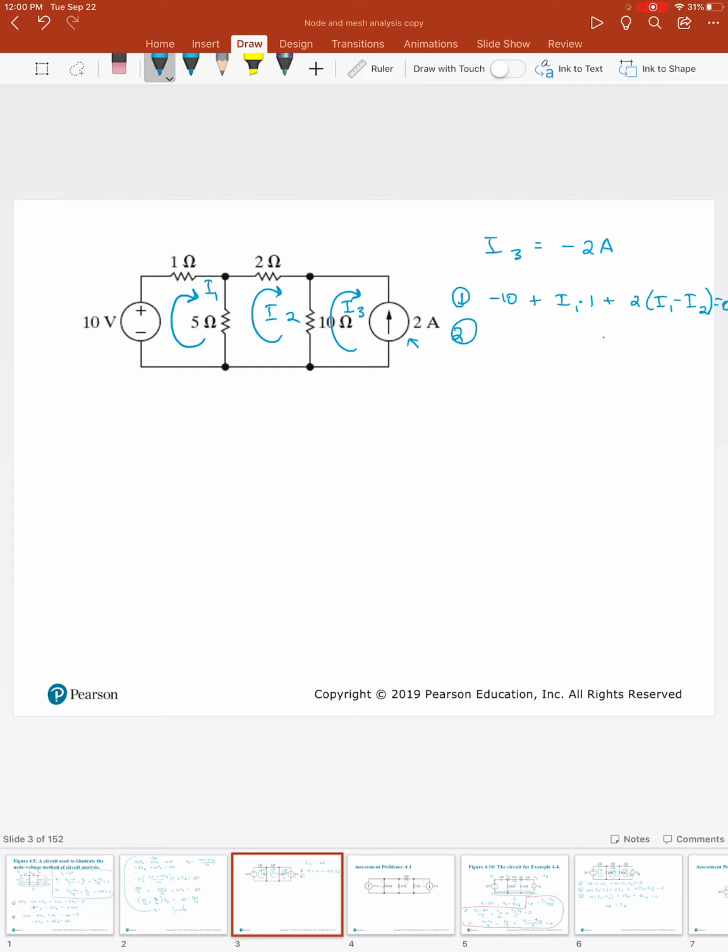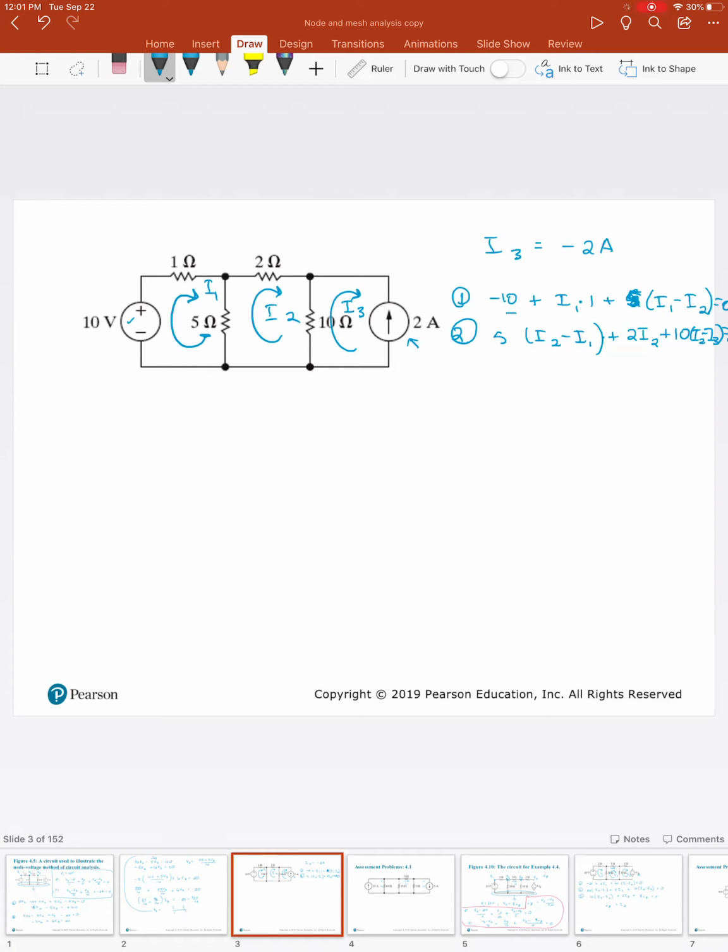Around mesh 2, we have 5 I2 minus I1, 2 I2, and 10 times I2 minus I3, also equals 0, which kind of fell off the page there. Alright, let's check those.